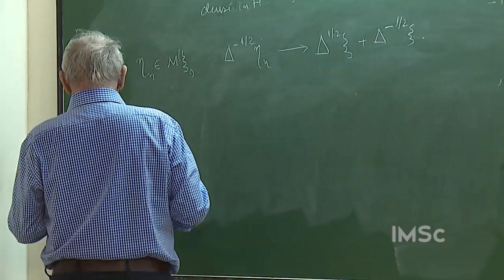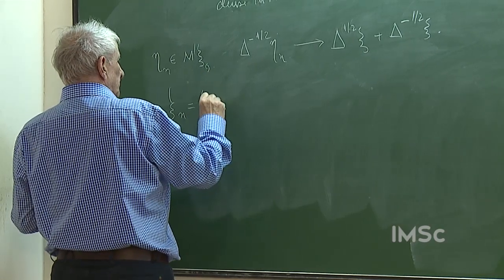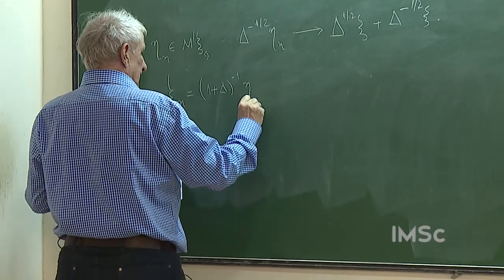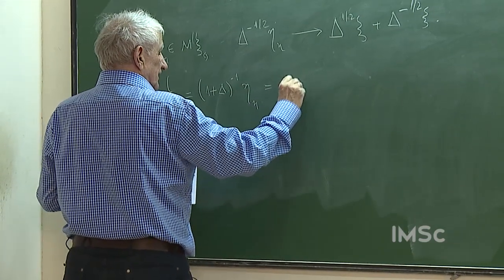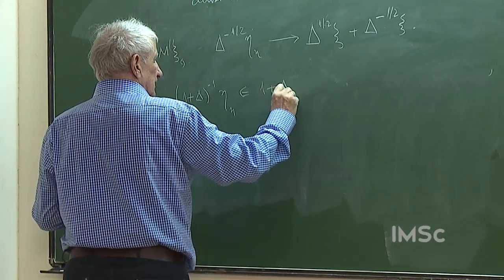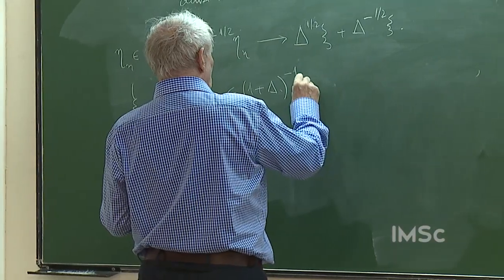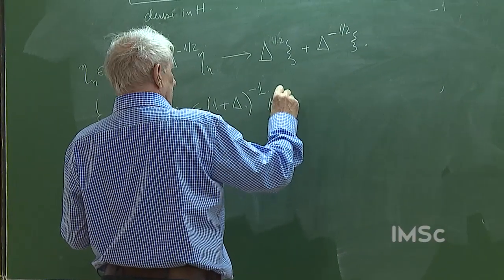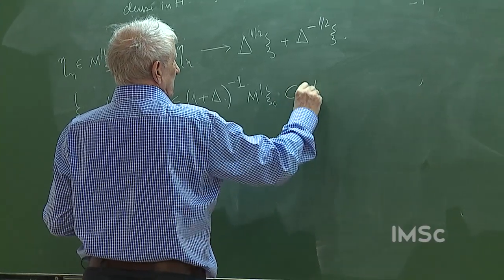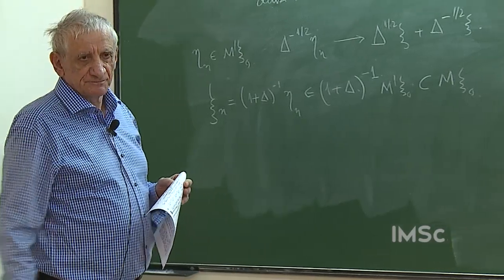And then consider also psi n, which is 1 plus delta to the power minus 1 of eta n, which belongs to 1 plus delta to the minus 1 of M prime psi naught, which is included in M psi naught because of the previous lemma.